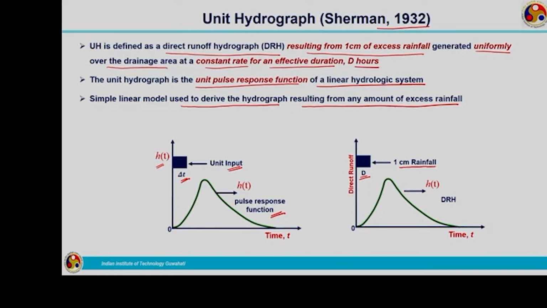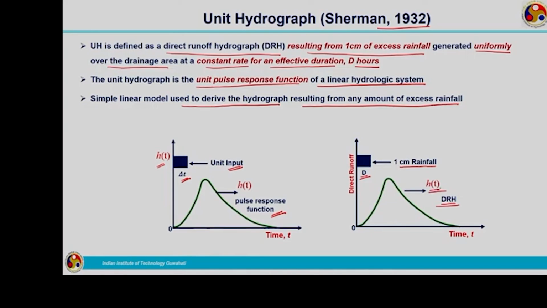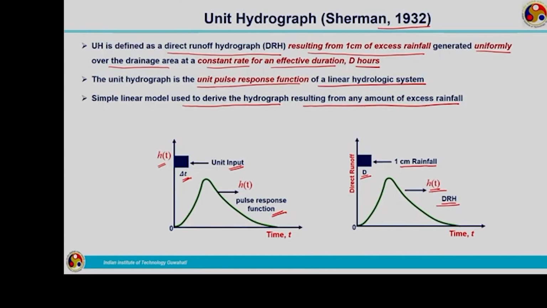So it will definitely produce direct runoff at the outlet, represented by our DRH, H of t. This green curve represents the direct runoff hydrograph. This is exactly the same as the pulse response function we saw while explaining linear system theory, which we went through in detail in the previous lecture.